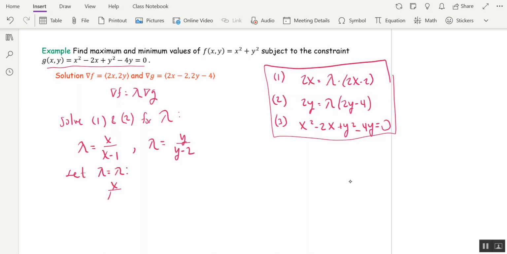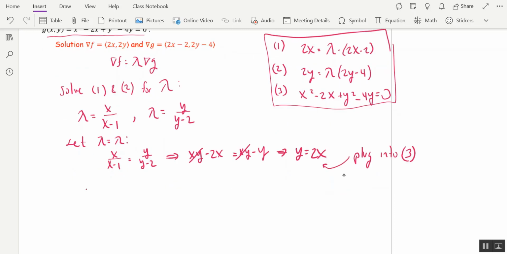So x over x minus 1 is y over y minus 2. Cross multiply: xy minus 2x is xy minus y. Cancel the xy's, that tells me y is 2x. That's what I'm going to plug in to equation 3.